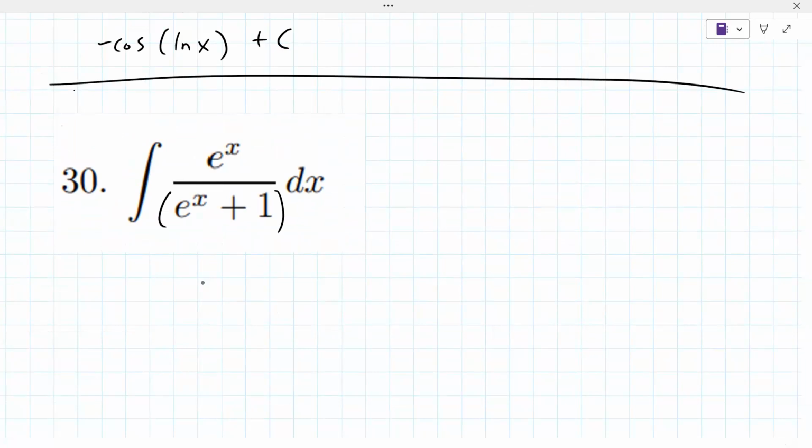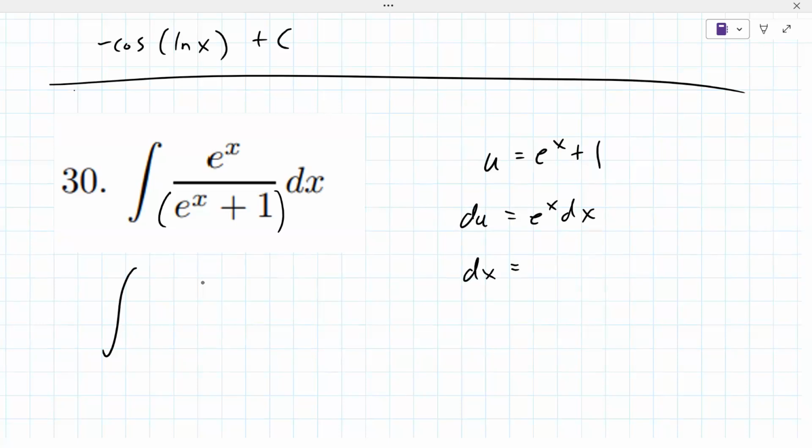Sometimes it's the denominator. So u equals e to the x plus 1. So dx equals du over e to the x, right?